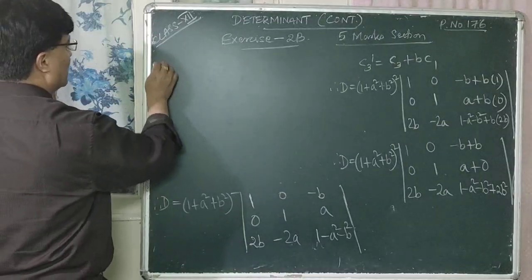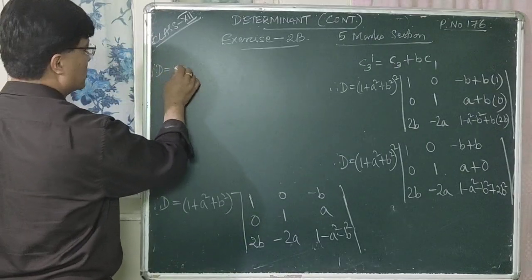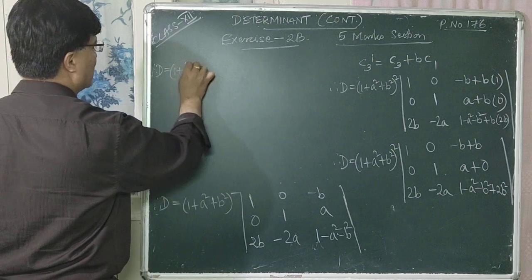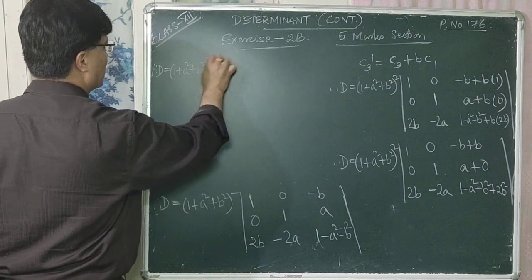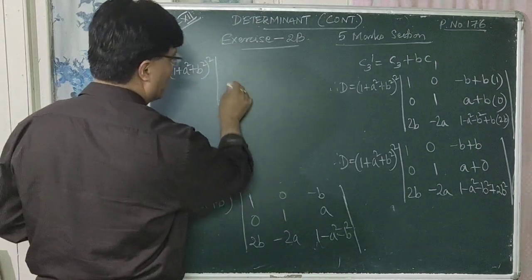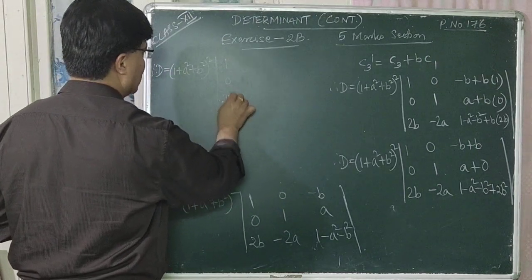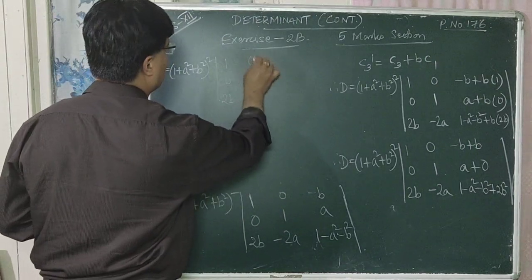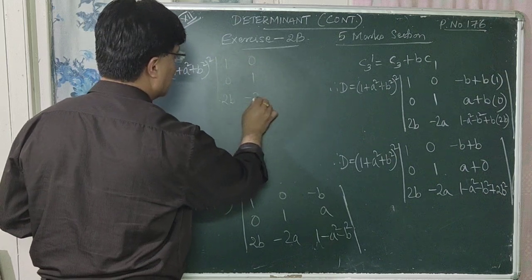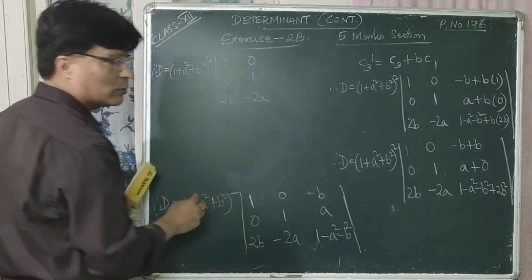Now, therefore D is equal to, what is the common factor here? 1 plus a square plus b square whole square. First column 1, 0, 2b. What is the second column? 0, 1, minus 2a. What is the new third column?